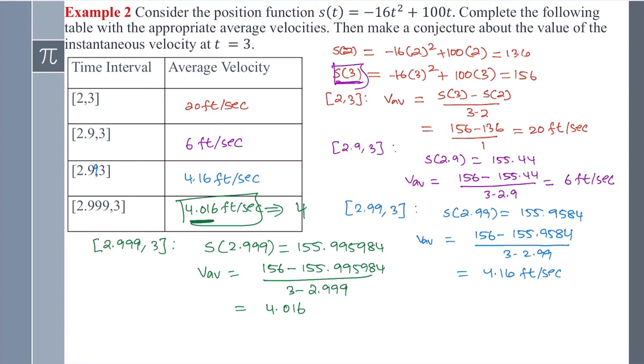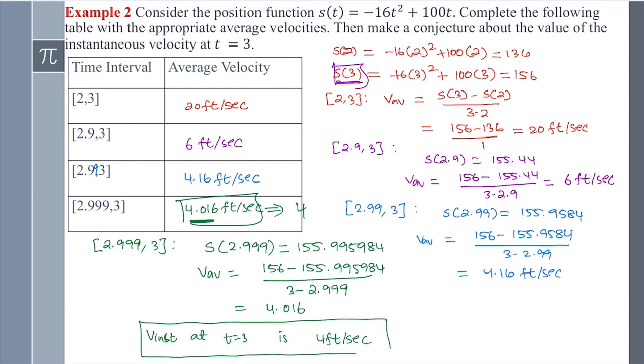So now we'll make a conclusion that the instantaneous velocity at t equals 3 is 4 feet per second. As I told you earlier, this is not going to give us the exact instantaneous velocity.